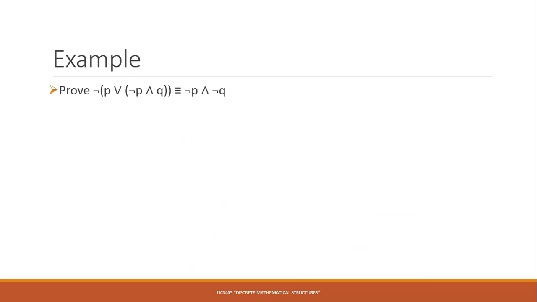Now prove that these two expressions are logically equivalent. We will prove this using these laws. We can also prove it by using the truth table concept, which we have already discussed, but now we will prove it using different laws. First, we have the left side expression, that is negation of P or negation P and Q. We will apply De Morgan's law.